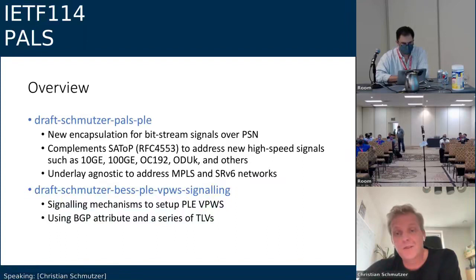The second draft I want to put your attention to is essentially adding the signaling pieces into the mix. Nowadays, EVPN and EVPN VPWS is a more modern way of signaling pseudo wires. The idea is to have extensions to signal those TDM or interface-specific attributes. Next slide.